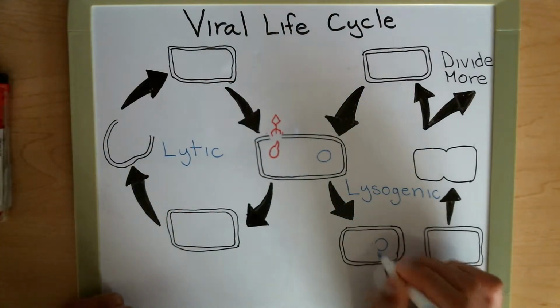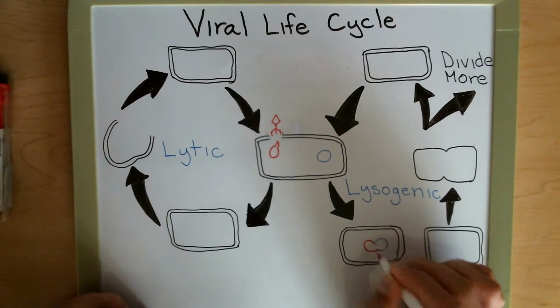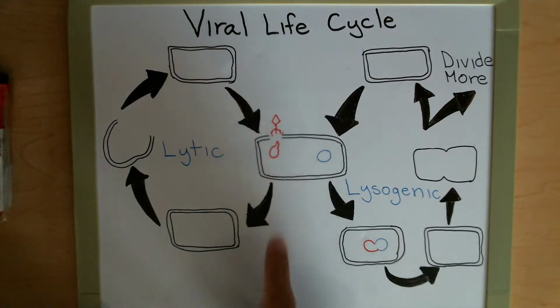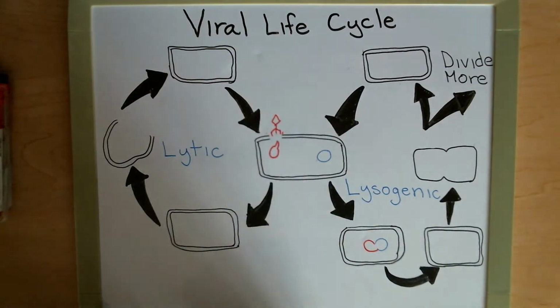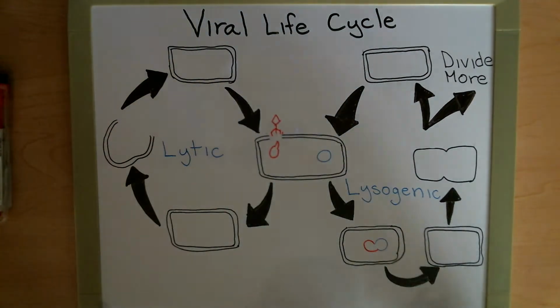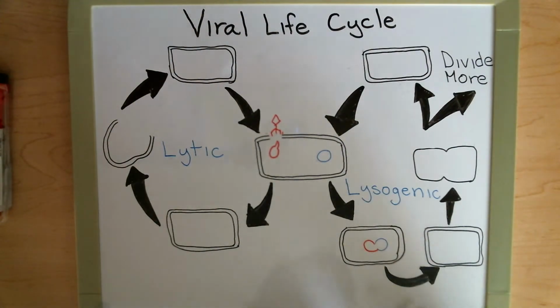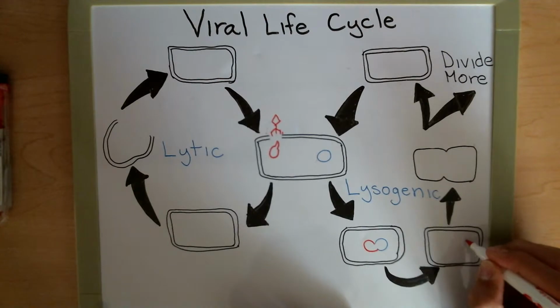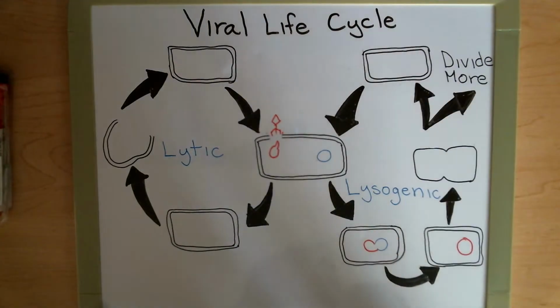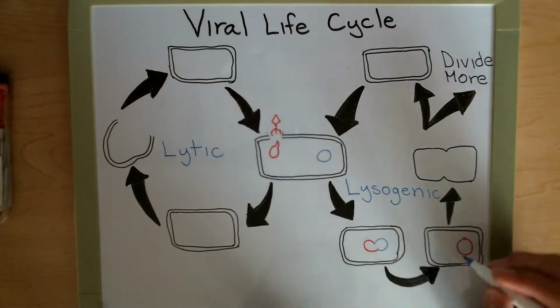So once the viral DNA is injected into the cell, that will incorporate itself into the bacterial DNA. And at a certain point, it'll become a prophage, also known as a provirus.